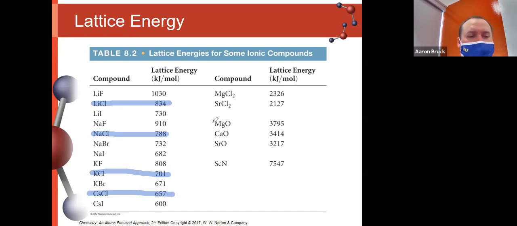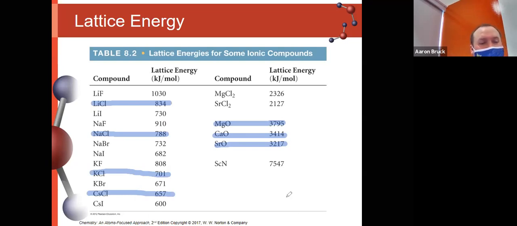And this trend holds up in lots of different cases. So compare all of these oxides. These oxides are all +2, -2: +2 from the alkaline earth metal, -2 from the oxygen. Primary difference between them, magnesium is smaller than calcium, calcium is smaller than strontium.